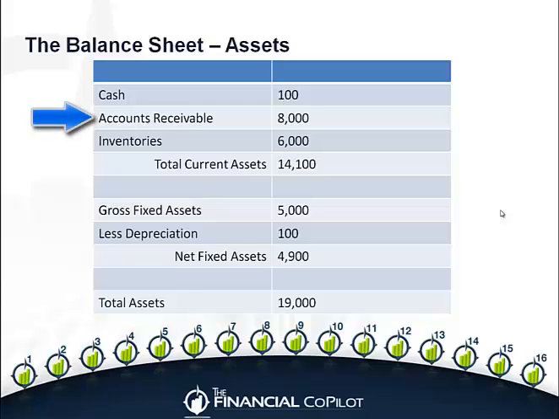Accounts receivable again represents money that your customers owe you that you have not yet collected. So these are sales that have been booked and have occurred, but they're the outstanding balances, in cumulative form, that your customers continue to owe you. Your inventories are supplies or products or components that you have purchased for the purpose of reselling.